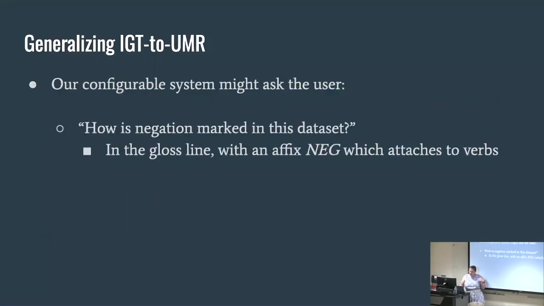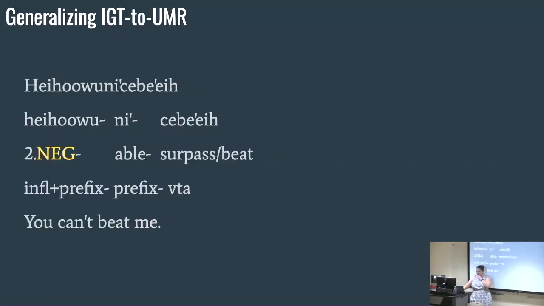So for example, our configurable system might ask the user, how is negation marked in this data set? The user can then specify, we look for the affix neg in the gloss line. And that should attach to verbs. So that's the information that the linguist might specify.